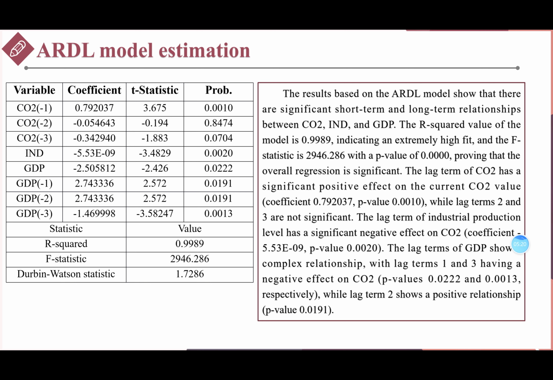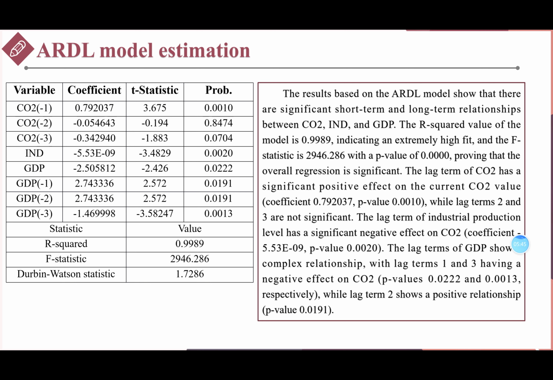The lag term of CO2 has a significant positive effect on the current CO2 value, whose coefficient is 0.792037, and the p-value is 0.001, while lag terms 2 and 3 are not significant.